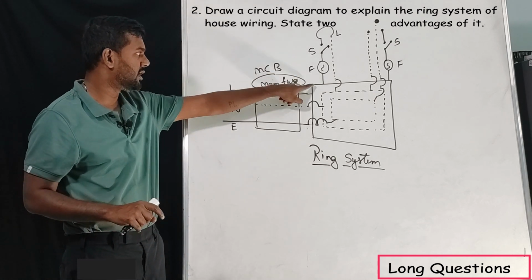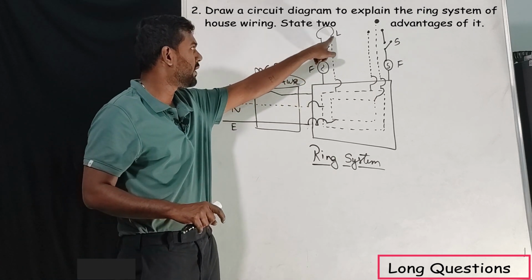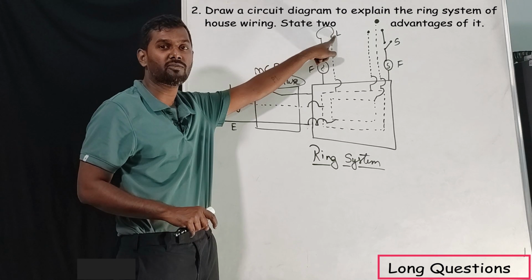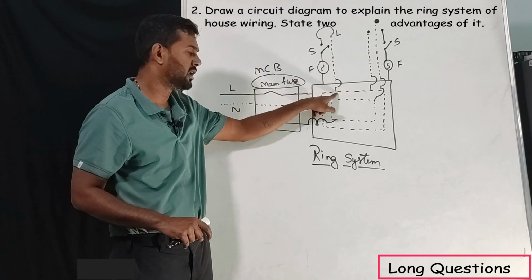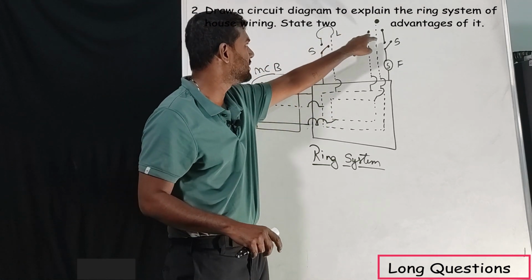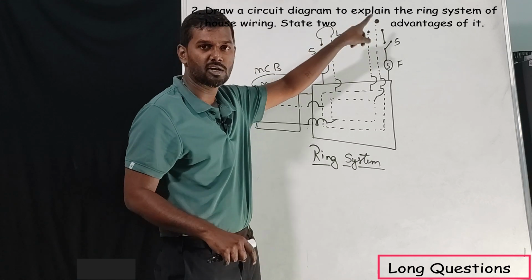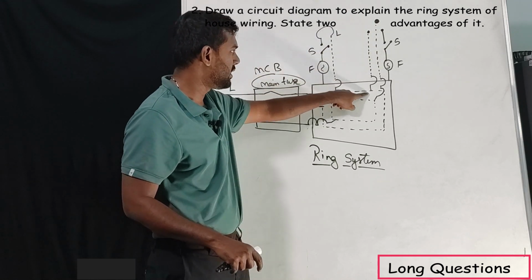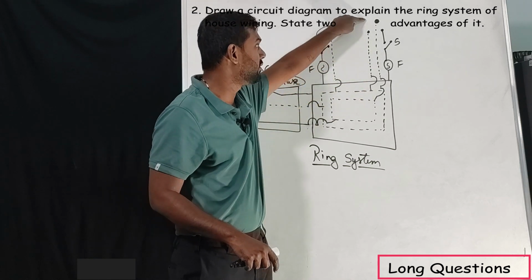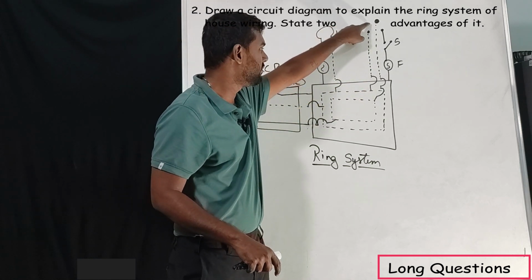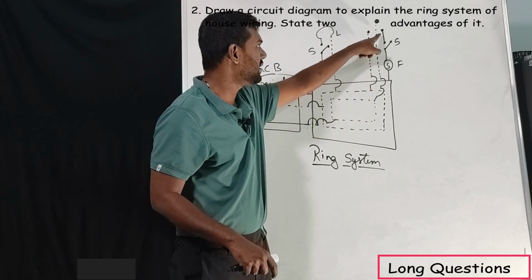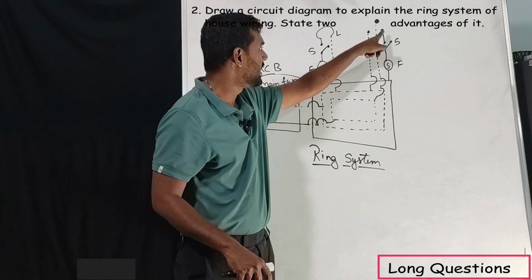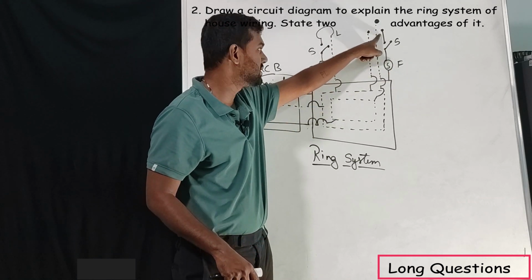For a switch and fuse, live wire is connected. One more wire coming from the negative end of the bulb is connected to the neutral. That's it. If you have a normal socket with three holes, one is connected to the neutral, the bigger one is connected to the earthing, and the right side one is the live wire connection.